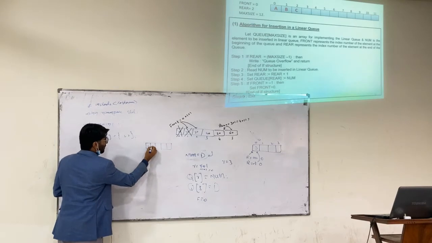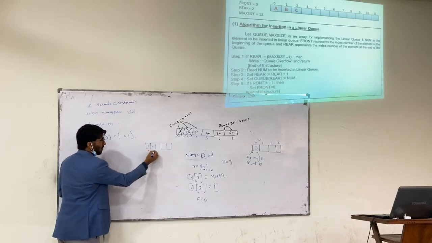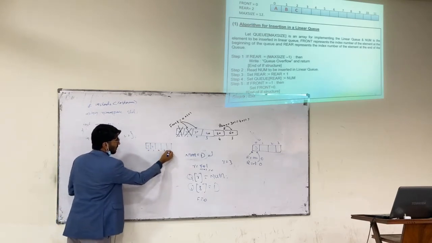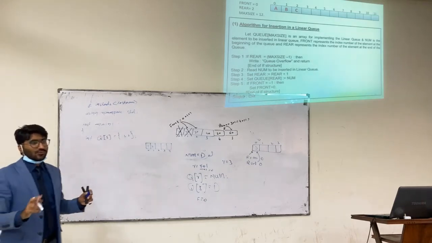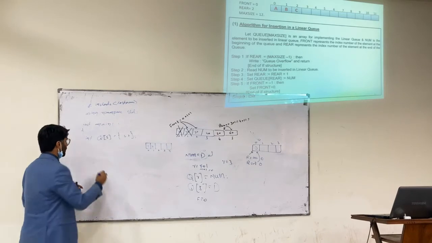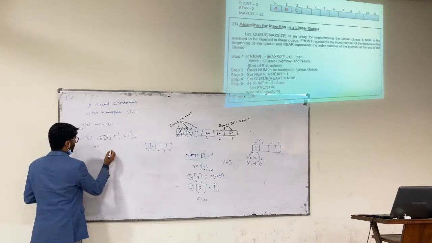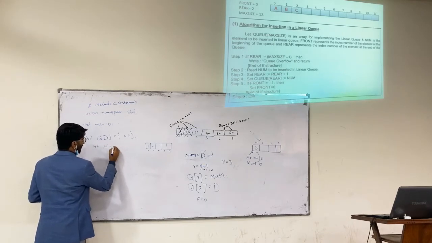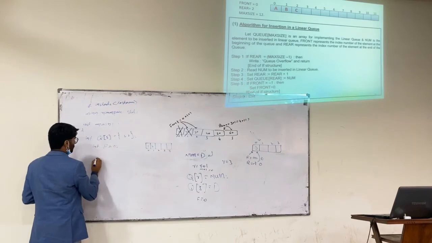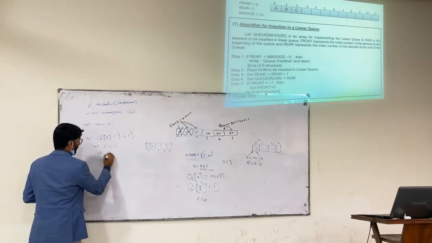So currently 1 2 has been inserted. This is 0 1 2 3 4. Okay, yeah. So we need two variables, front and rear, right? int f is equal to, आप यहाँ पे करें 0, हाँ 0, int rear.